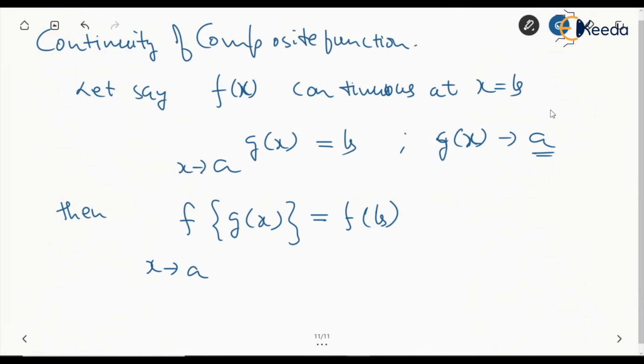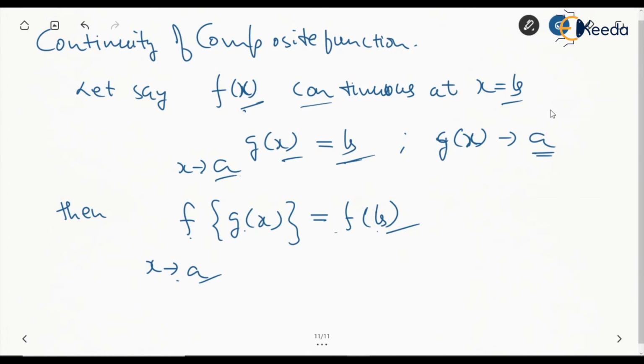In the sense that this function f of x is continuous at x equal to b, and this g of x limits to b for x tends to a, then the composite function f of g of x where x tends to a will directly be f of b. Why? Because f of x is continuous and g of x is limiting to b, right?